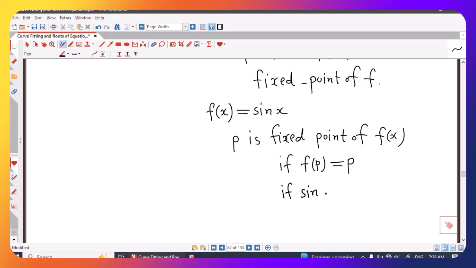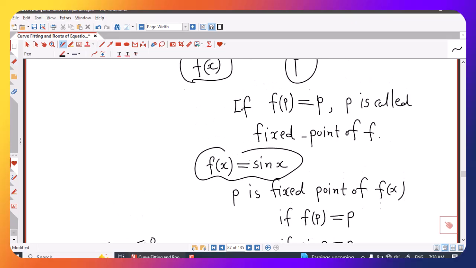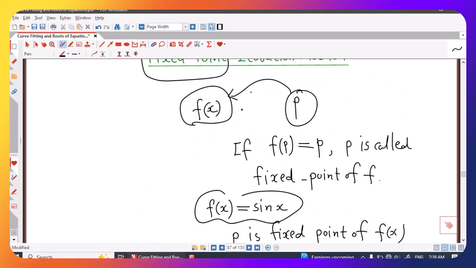So f of p becomes sin p. That means you have to search for that number p for which sin p equals p, and obviously that number is 0. If we take p equal to 0, then we know that sin 0 equals 0. That means f of 0 equals 0. Therefore 0 is a fixed point of the function sin x. So that is the idea of fixed point.